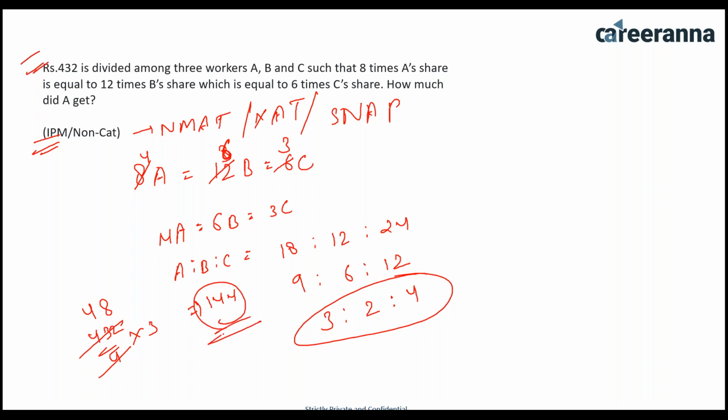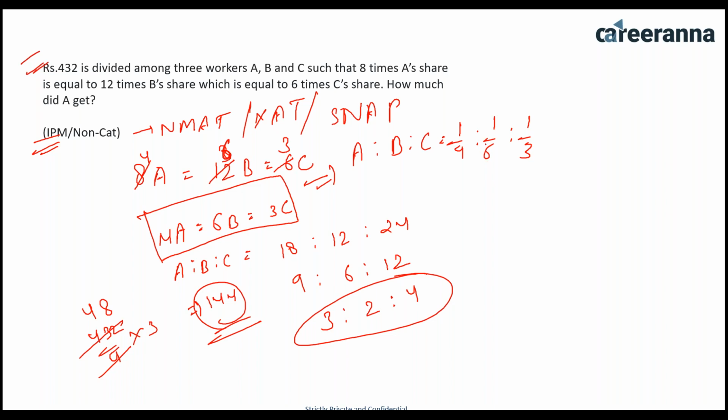Guys, do you have any doubt? Let me explain it. I did not explain it earlier because I wanted you to understand it. Okay, so at the start of this lecture, I told you that if this is the condition, then you can do it like this. A is to B is to C equals 1 by 4 is to 1 by 6 is to 1 by 3. And I told you to take the LCM and solve it.